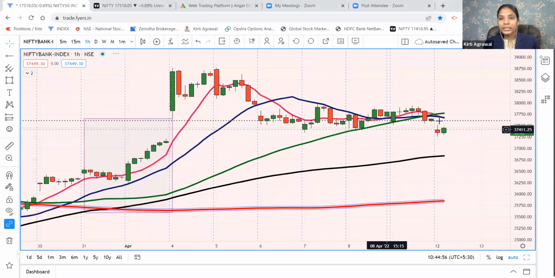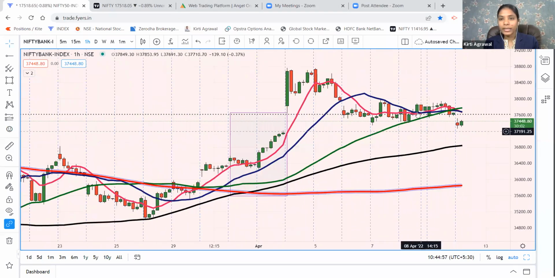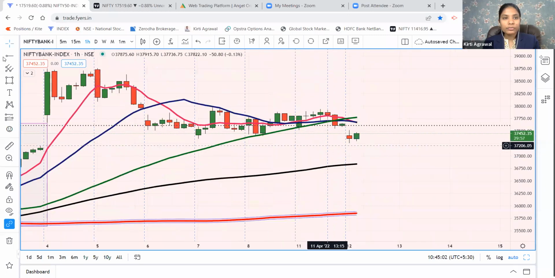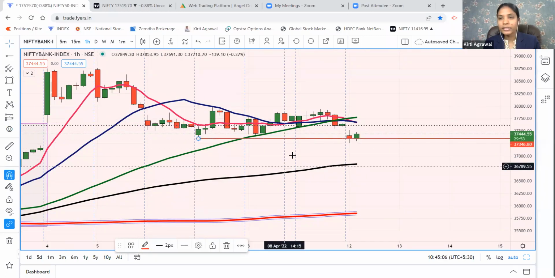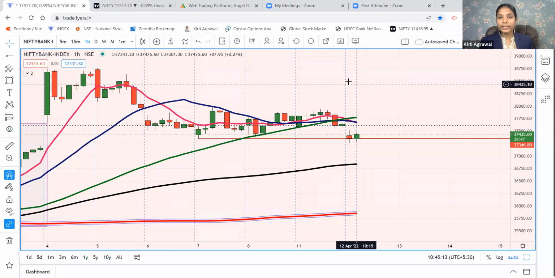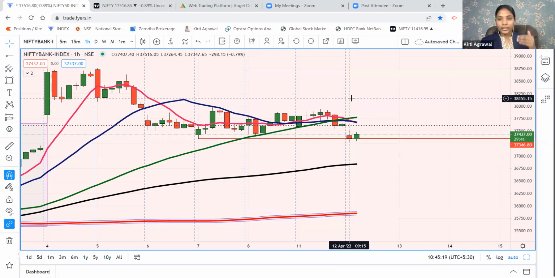On the 60-minute hourly chart, we are again almost flat, and this was the lower boundary of the entire sideways market. Bank Nifty had earlier made a low of 37,346, and today's low is 37,264, and from there we are seeing a recovery in price, right?